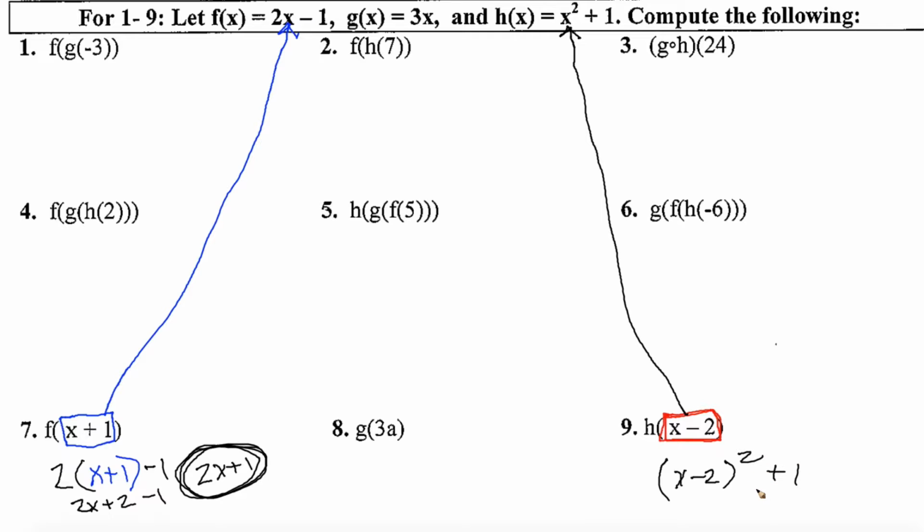And I'm okay if you leave it just like that. If you don't know how to square parentheses like that, don't worry about it. Just leave it like that, and that can be your answer. And same here. I would have accepted this right here. You don't have to simplify it more than that.